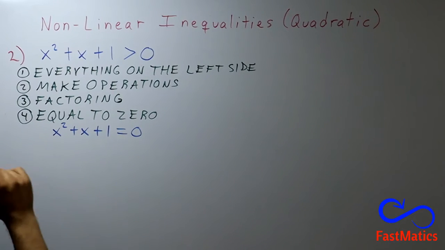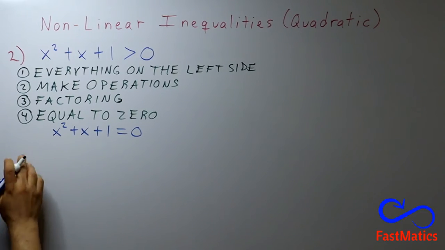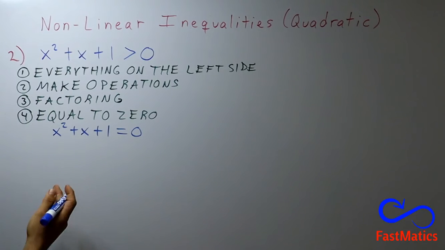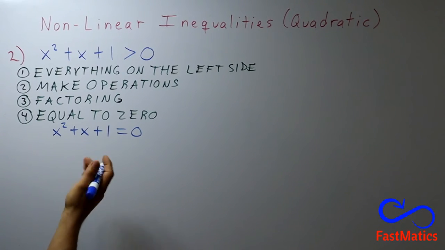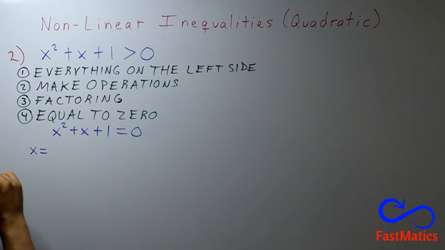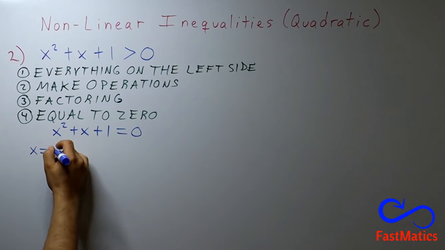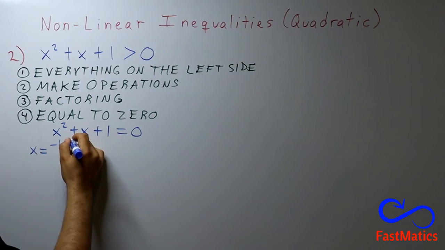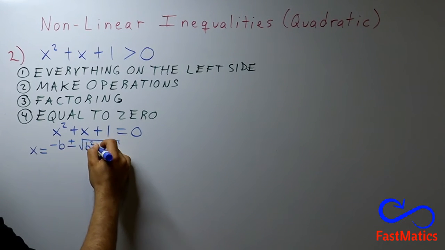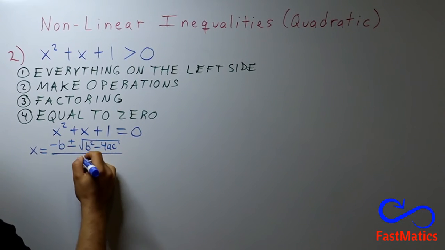And to solve it, you can use the quadratic formula, or maybe complete the square. So I think it is better to use the quadratic formula. Remember, x is equal to negative b, plus or minus the square root of b squared minus 4ac, and everything divided by 2a.